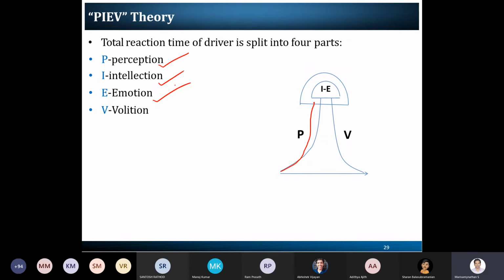That time is also considered. The final one is volition, the final action taken, whether you apply the brake or not. Those decisions are taken in the final step.